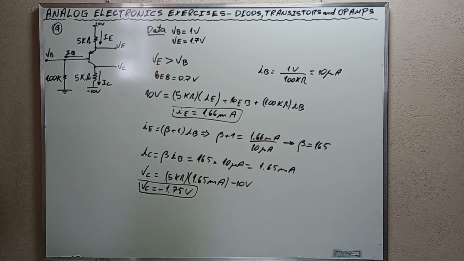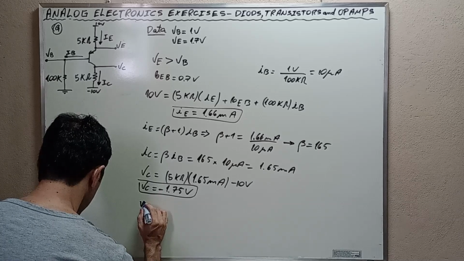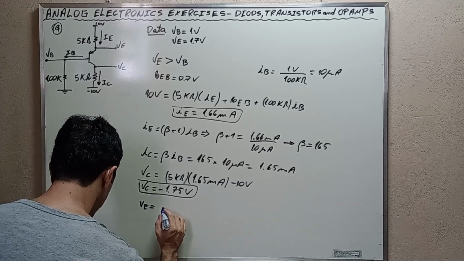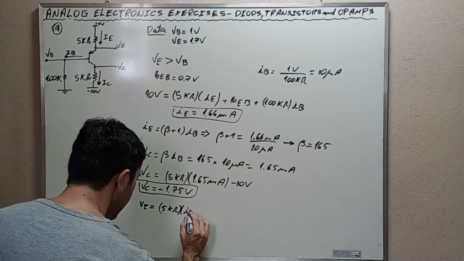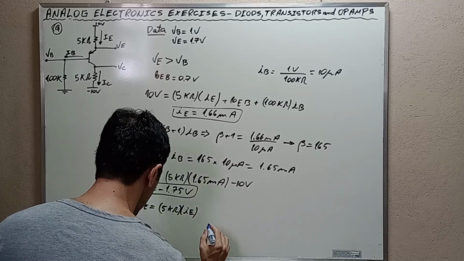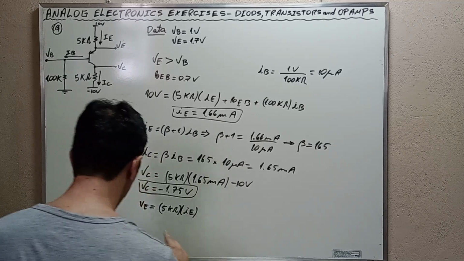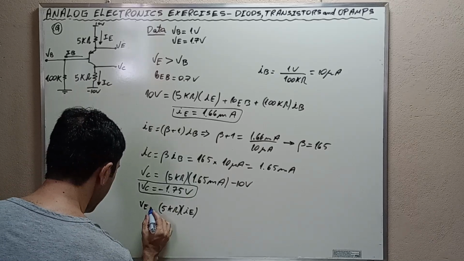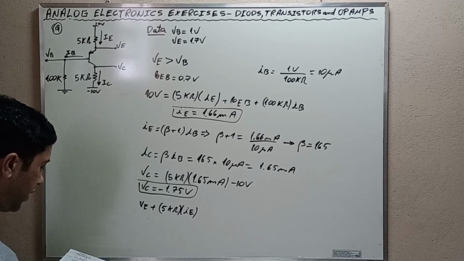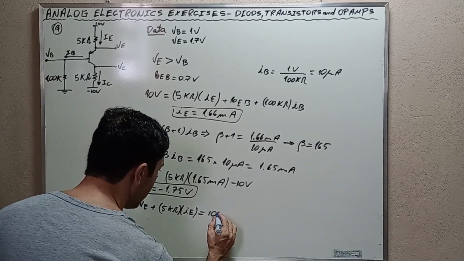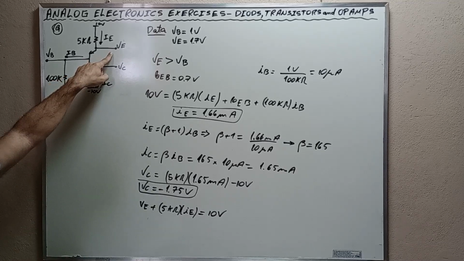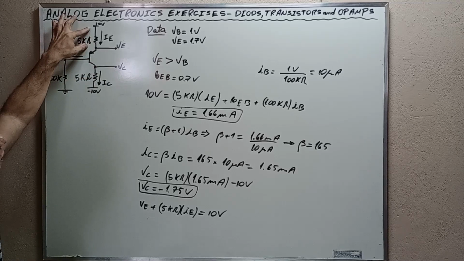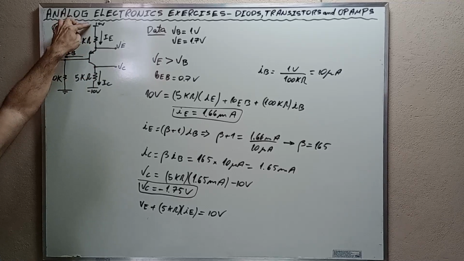Okay, my friends, and lastly, observe that VE plus 5 kilo ohms times IE is equal to 10 volts, okay? VE plus the voltage drop here is equal to 10 volts.